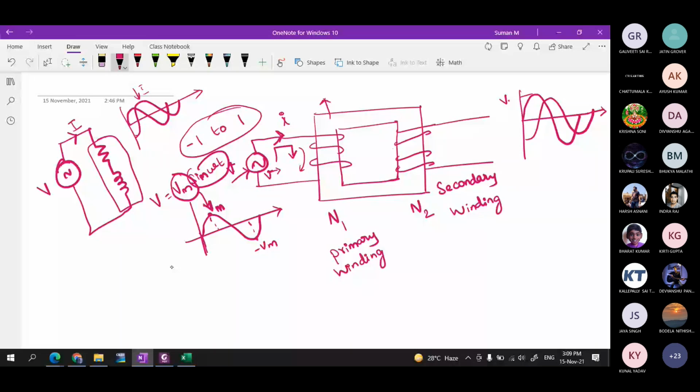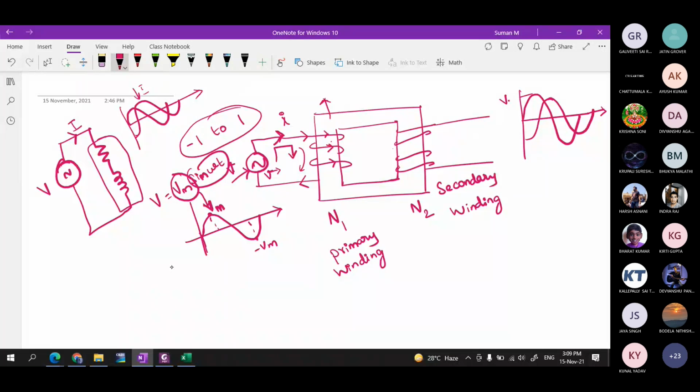That current goes into this winding like this, and the current will come out of this. This current is going to have a flux.